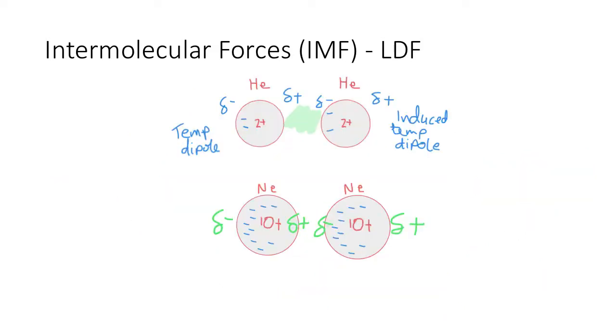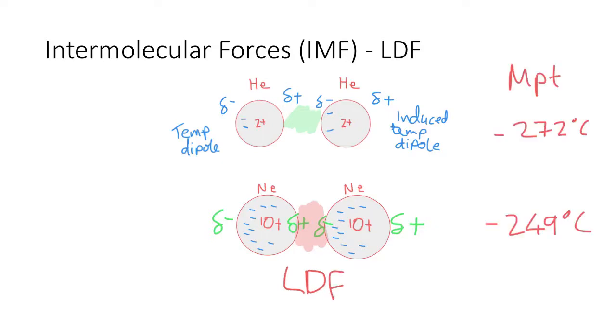Comparing neon to helium, there are more electrons in neon, so we'll have a stronger London dispersion force between atoms of neon compared to helium. The stronger London dispersion forces between the neon atoms mean that neon has a higher melting point and boiling point, higher melting point as shown here, than helium.